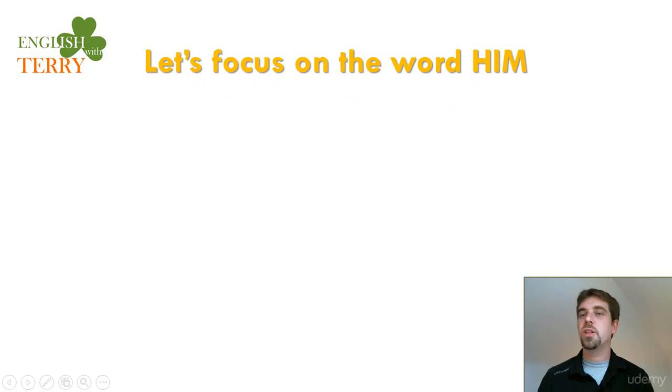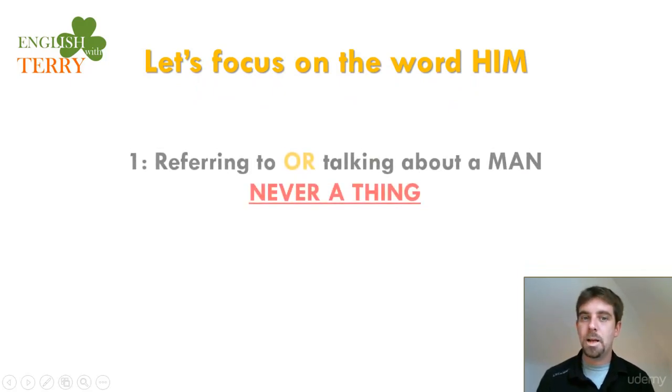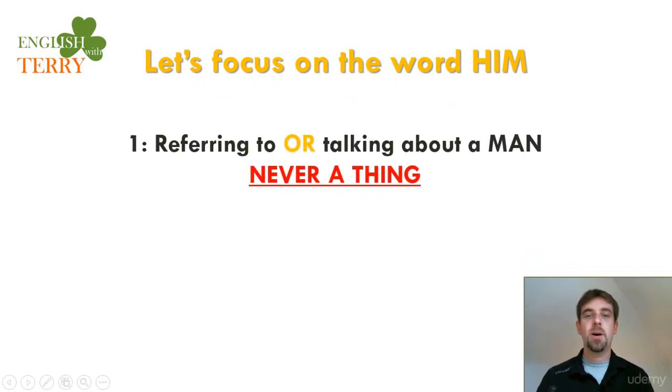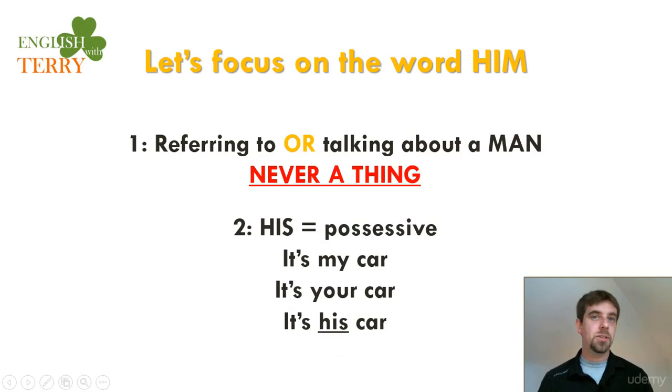So when we focus on the word "him", we are referring to a man, never a thing. Different languages can put masculine or feminine onto nouns, but in English we do not. Him refers to a man, never a thing. His is the possessive. It's my car, it's your car, it's his car. So our focus is on "him" to "im".